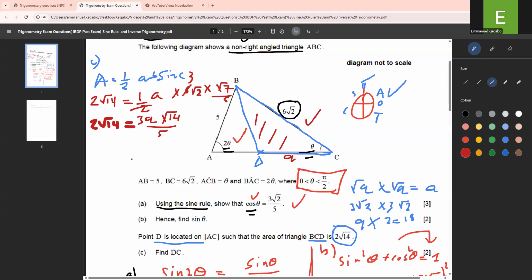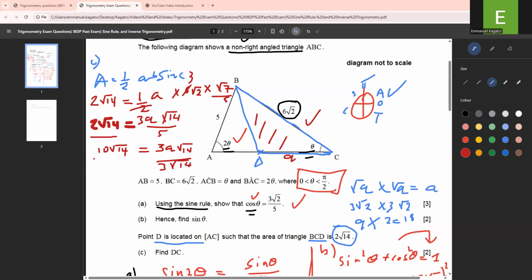Okay, good. Now, what is remaining here is just rearranging the equation. So I cross multiply. When I cross multiply, I'll get 10 square root of 14 equals to 3a square root of 14. Very good. Can I divide by 3 square root of 14 because I'm solving for a, which is DC?